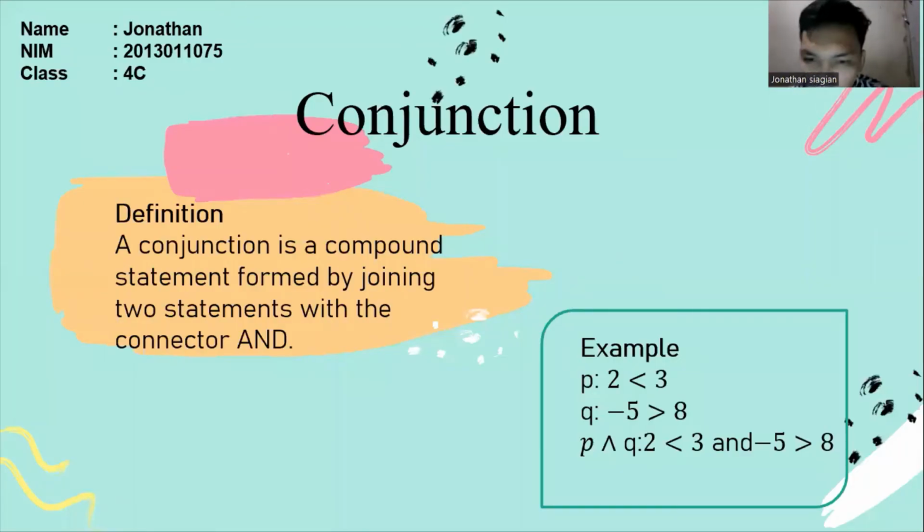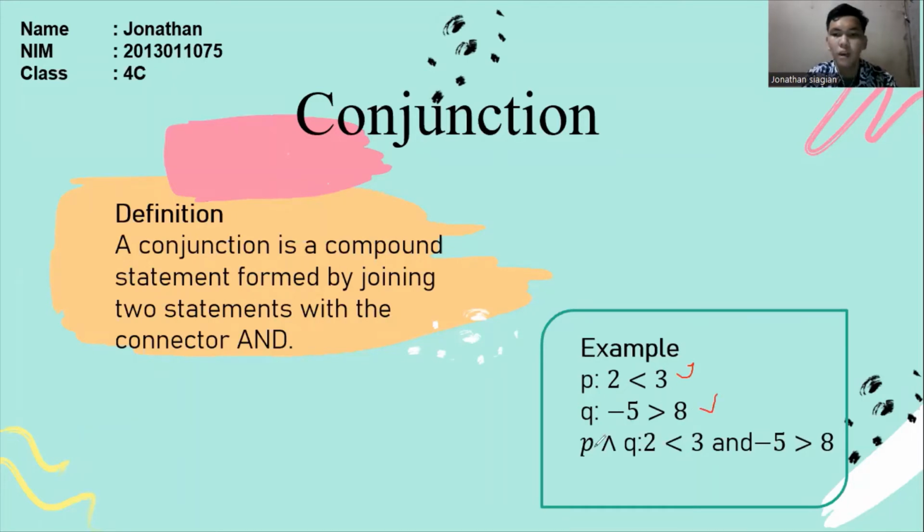For example, the statement P: 2 is smaller than 3. And the statement Q: negative 5 is bigger than 8.